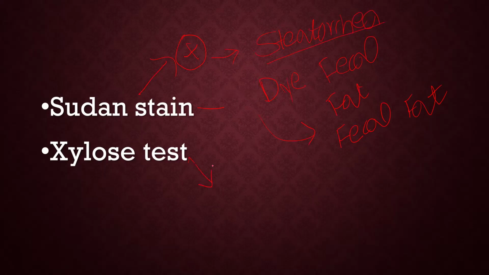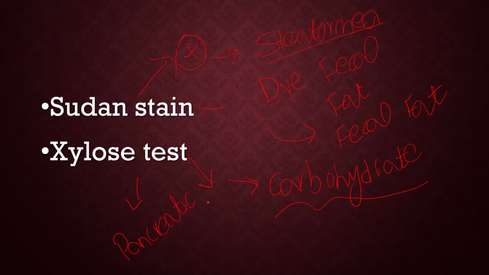The xylose test is also very important and high yield. The xylose test is basically for carbohydrate absorption, right? We give the patient xylose, and if the xylose is absorbed, then it means the pathology is pancreatic.